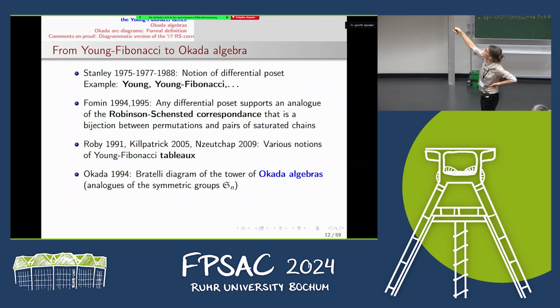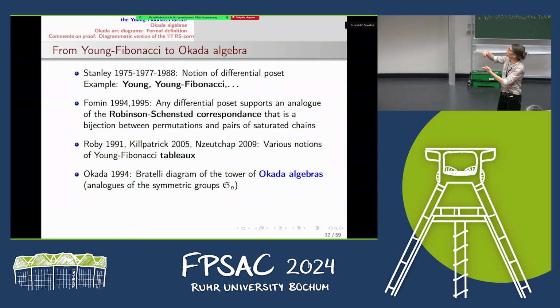So just some history. Stanley had this notion of differential posets in 1988. And of course, the main example of a differential poset is the Young lattice. The Young Fibonacci lattice was set up as an alternative, interesting example. Soon after, Sergey Fomin showed that these differential posets indeed have a Robinson-Schensted correspondence.